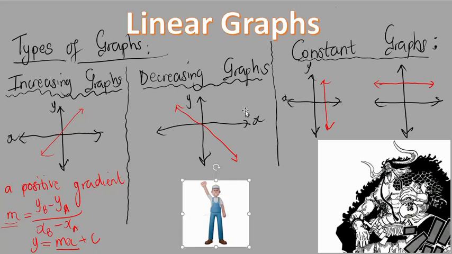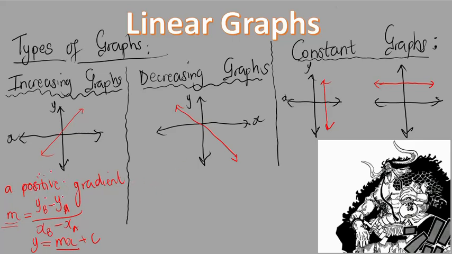Another, in this situation here, for a decreasing graph, if your m is negative in this situation, then your graph is decreasing. Here, if your m is positive, your graph is increasing. If your m is positive, then you have an increasing graph.